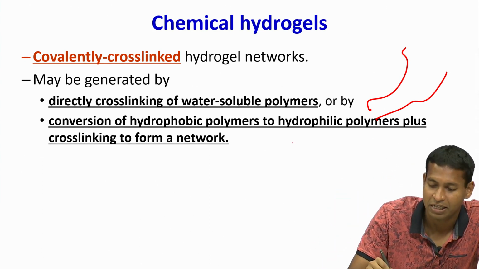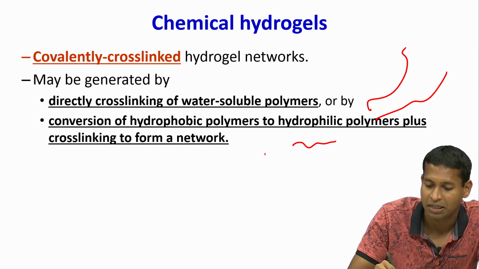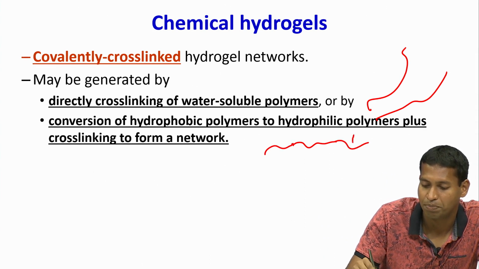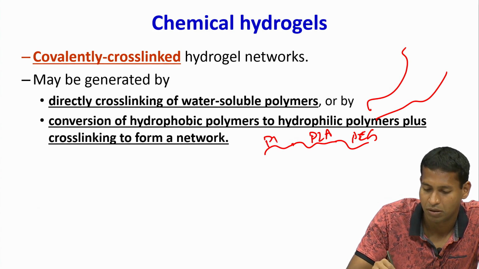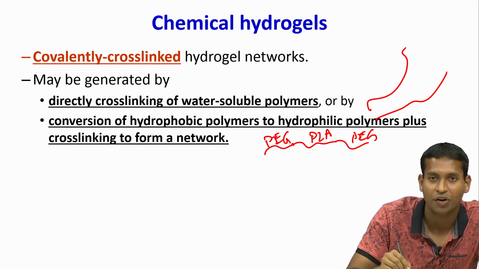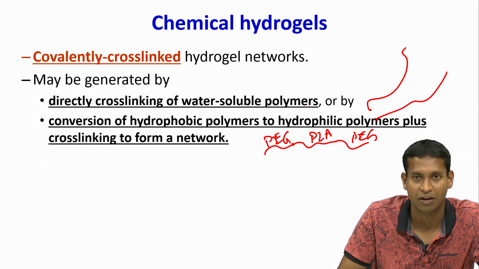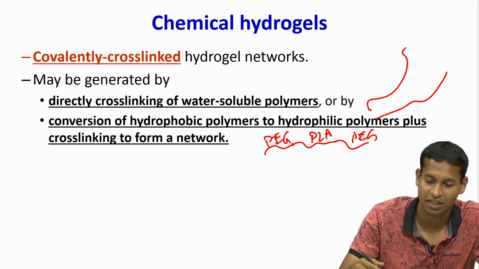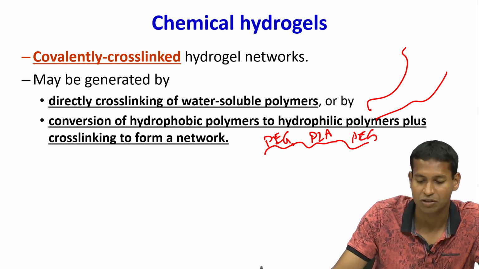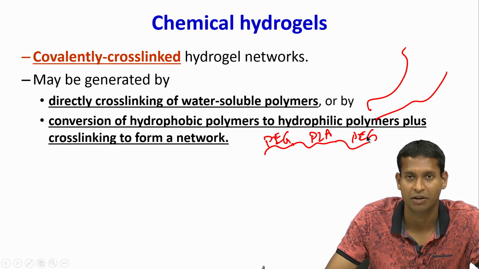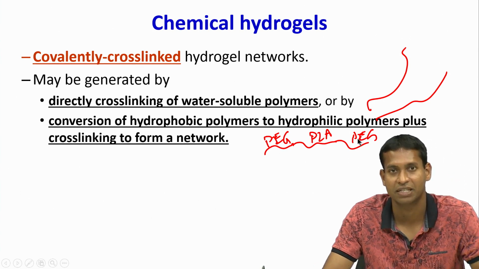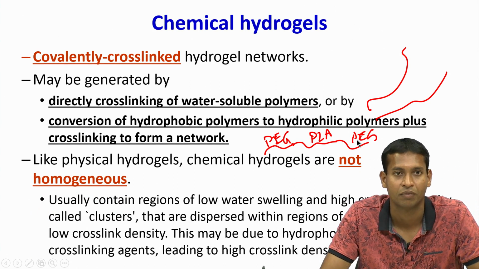What I have done is I have taken a hydrophobic polymer and conjugated it to PEG, and now this particular chain is fairly hydrophilic, and then I can have the cross linking happen between different chains to form a cross-linked hydrogel.